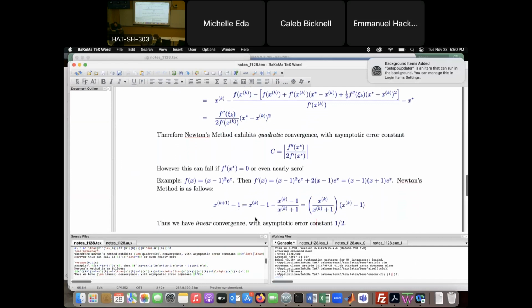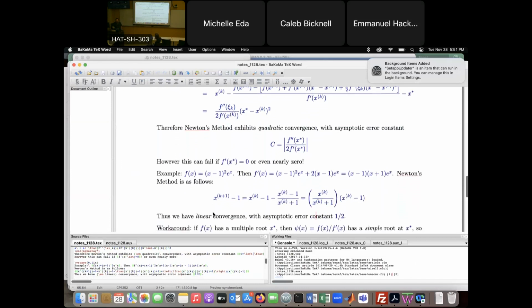So what happens in this case is, because the derivative is 0 at the root, convergence degrades from quadratic to linear, and the asymptotic error constant turns out to be 1/2.